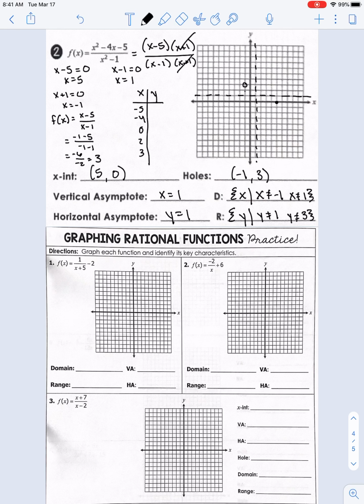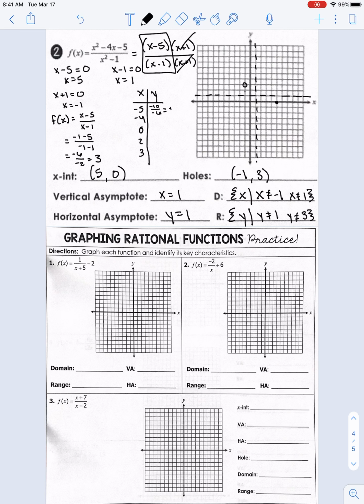Hopefully that gives us a clear enough picture. If we do negative 5 in our simplified equation, because it's much easier, then I get negative 10 over negative 6, and that will be reduced down to 5 thirds.